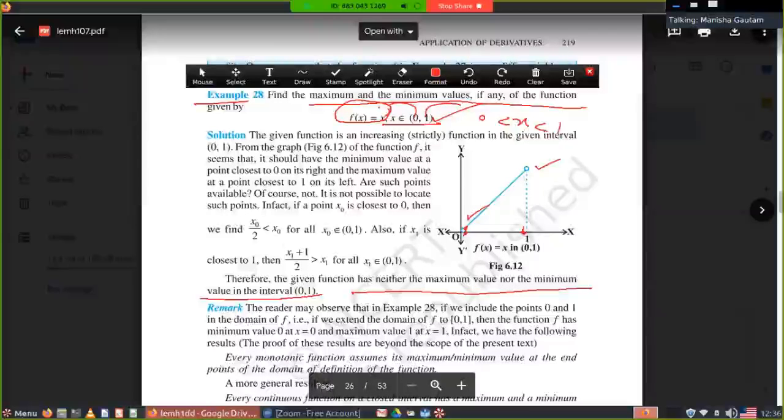Similarly, it is very difficult to find a value near to 1. Neither maximum nor minimum concept will be here in this graph.